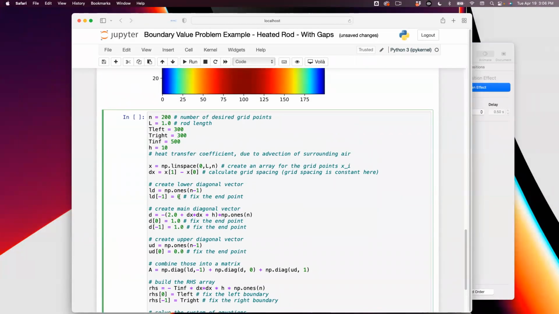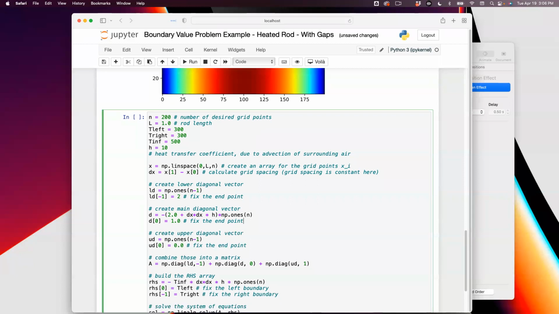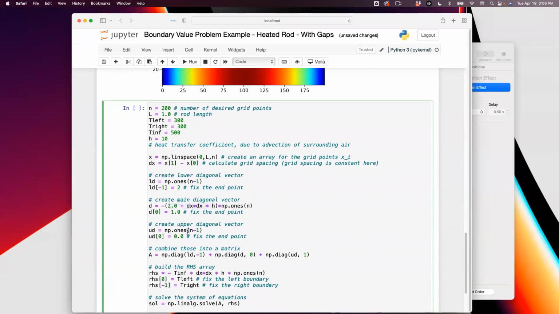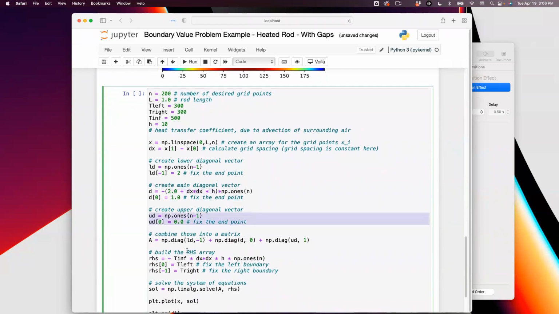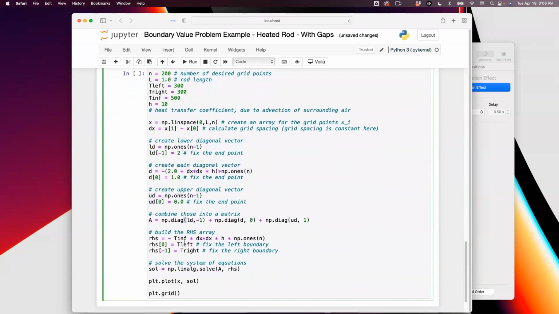For the lower diagonal, the last entry is 2. For the main diagonal, I don't need to do anything at the last entry. We already created -2 plus delta x squared h. The upper diagonal doesn't get affected. Nothing here changes, except for the last point of the right-hand side at -1.